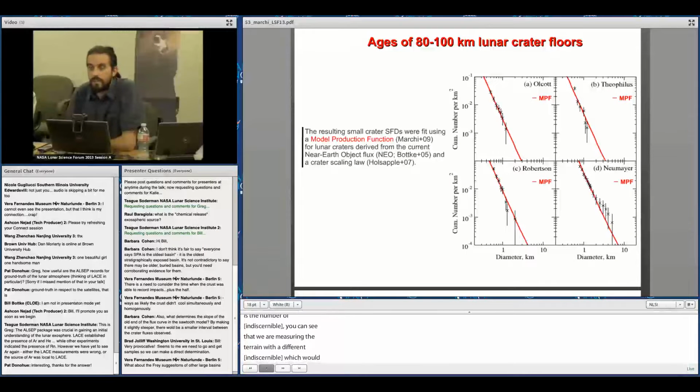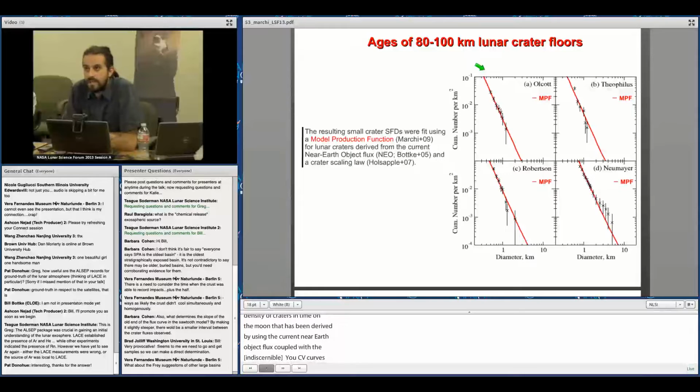What we did next was to apply the so-called model production function, which is basically a prediction of the density of craters as a function of time on the moon, derived using the current near-Earth object flux coupled with the cratering scaling law. So you see the curves and how they fit with the data.